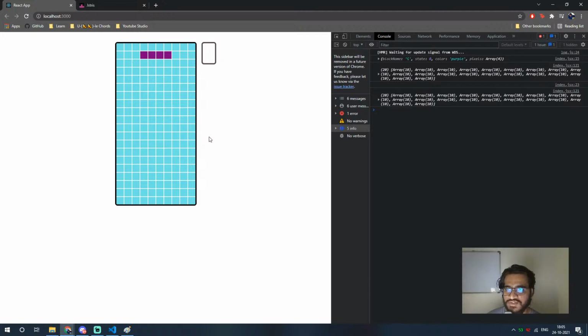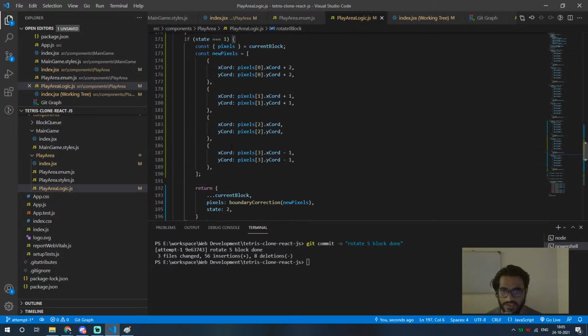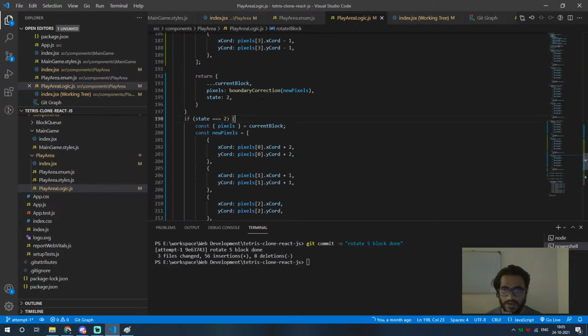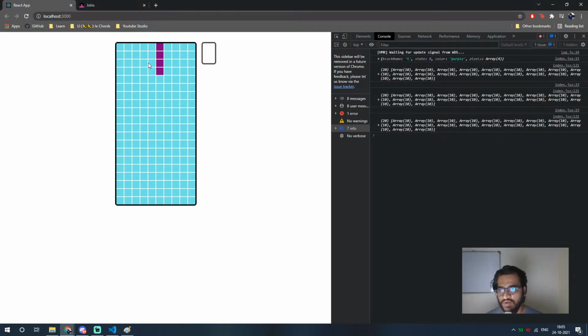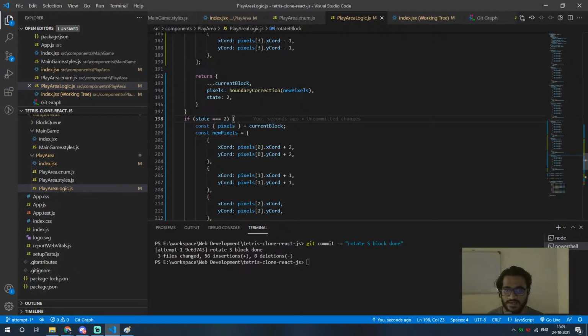So we went from state 0 to state 1. Now we are going from 1 to 2 by pressing space, which is the logic we worked on, and now from 2 we are going again to 1. Now this would be minus. Again I think we should change the anchor point to the second state, second pixel.